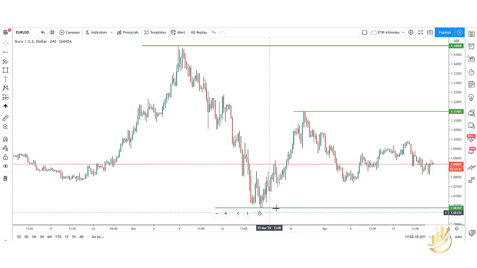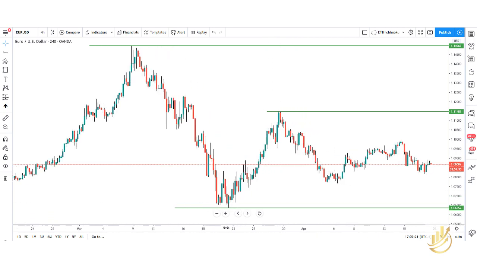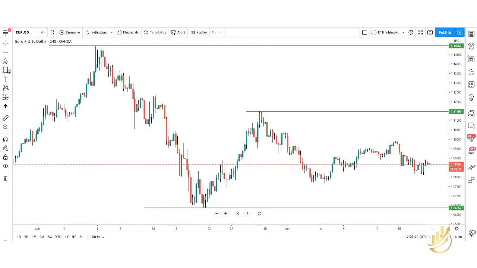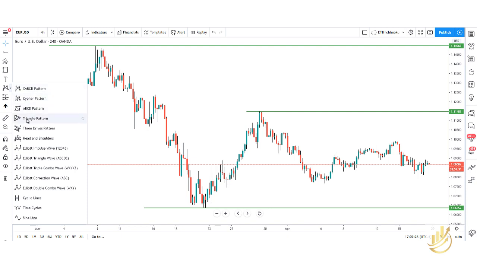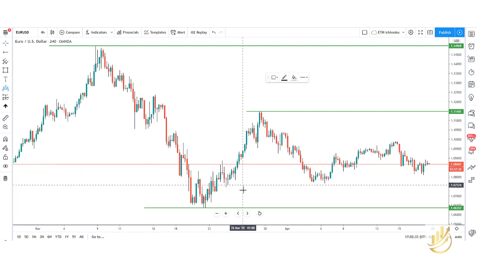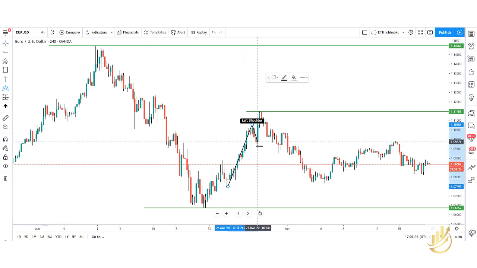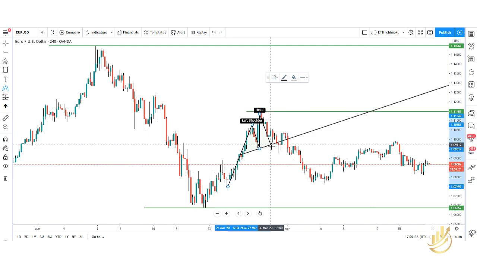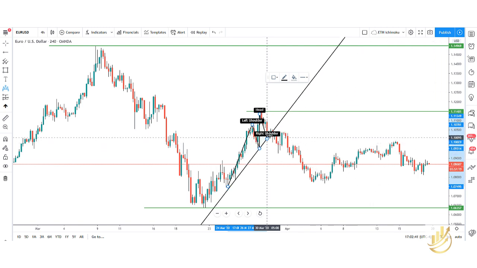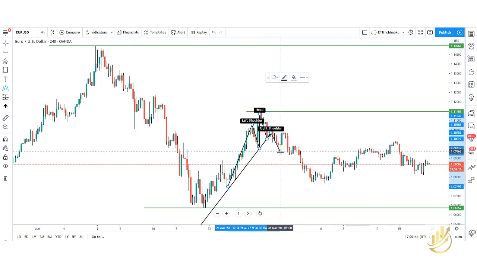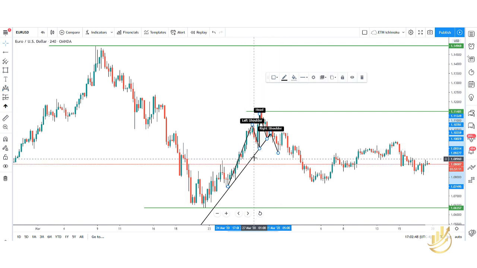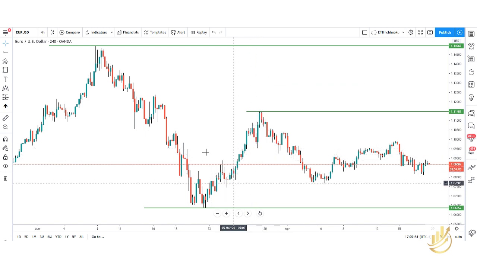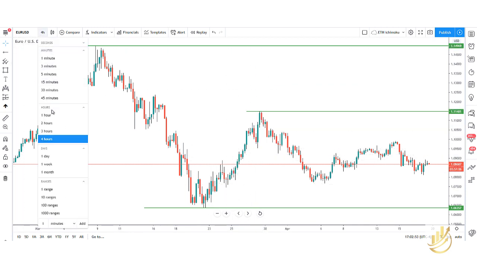But if you see this kind of structure, if I draw here, it looks like something. Now let me just draw it on a smaller time frame chart.